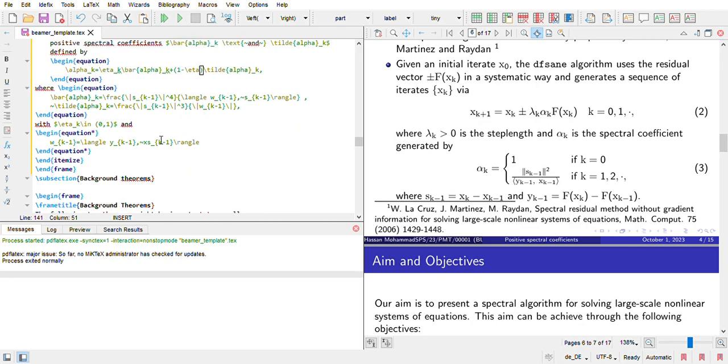So I have the inner product of this, then times y_{k-1}, then plus r, then the norm of s_{k-1} squared, and then times s_k, and then s_{k-1}.